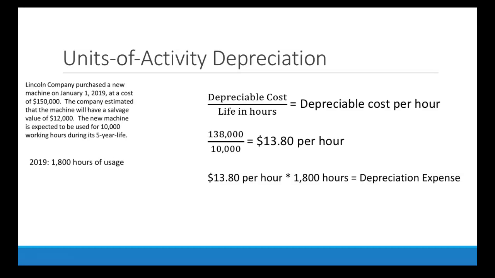Multiply it by the 1,800 hours that we actually ran this machine. So when we take that $13.80 times our actual usage of 1,800, we can see that our depreciation expense is $24,840.